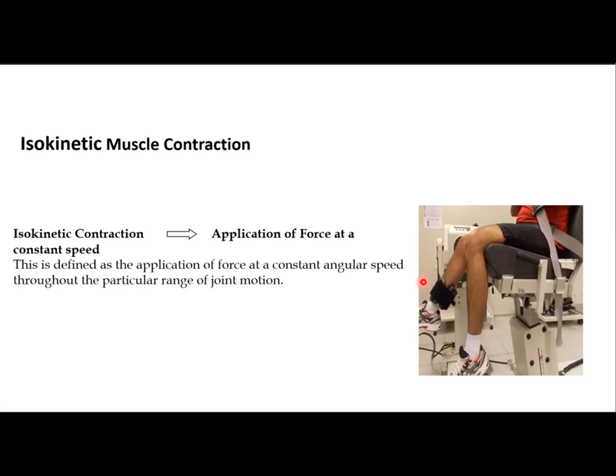There are also gyms that have special isokinetic equipment, but it is extremely expensive. What it means is that there's always a force controlling your concentric and also your eccentric muscle contraction.